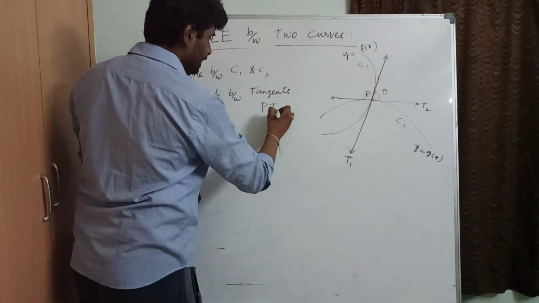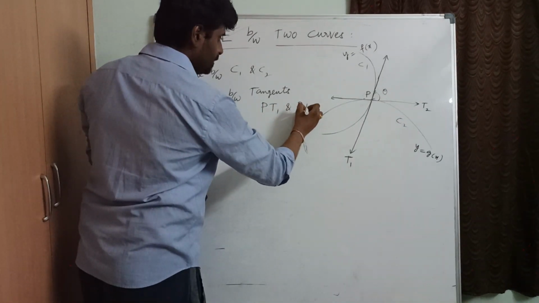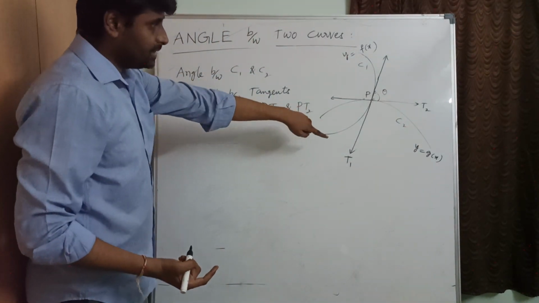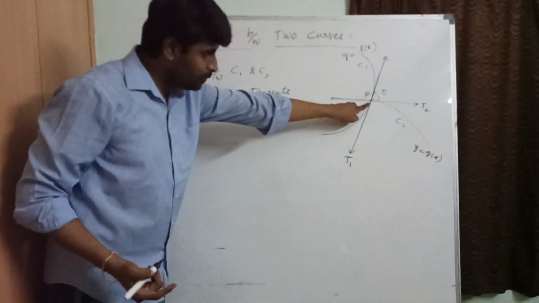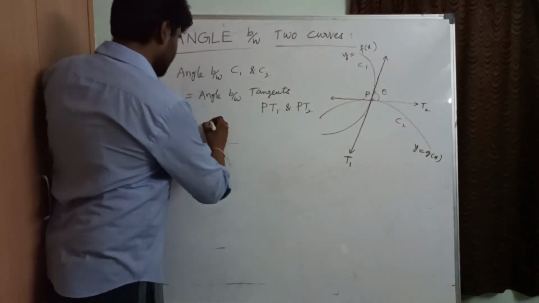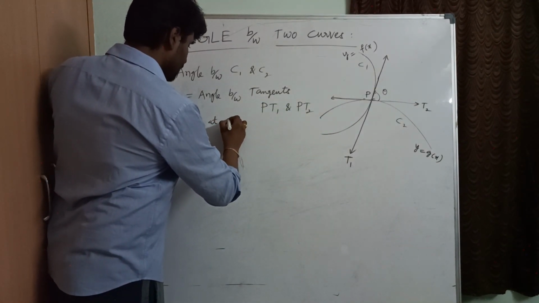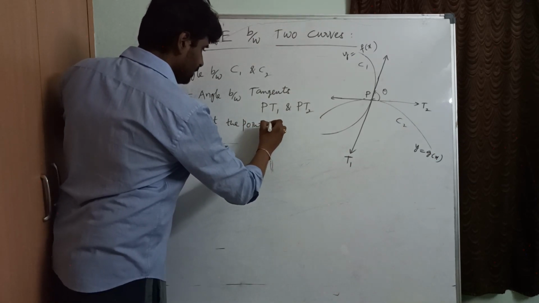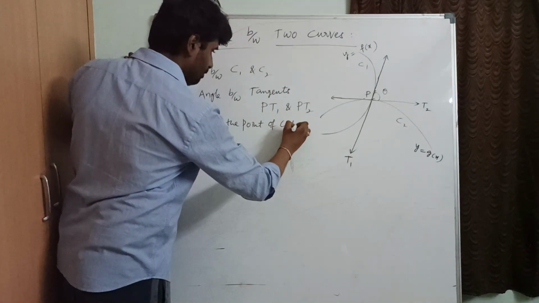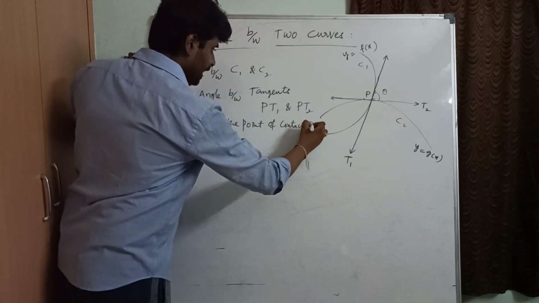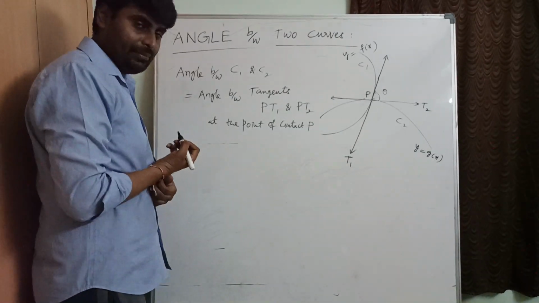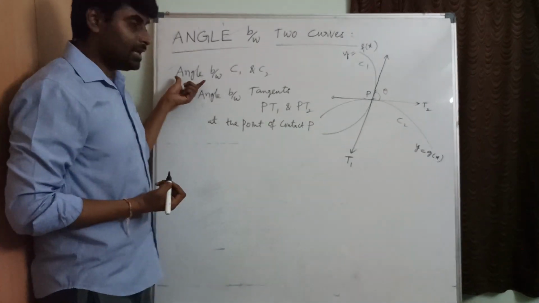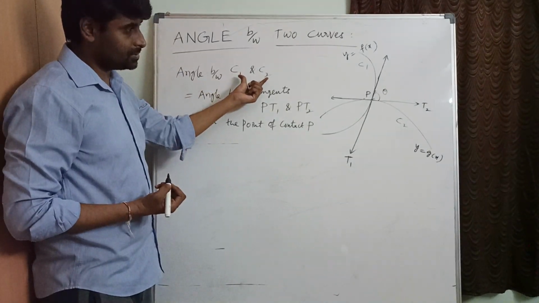PT1 and PT2. The angle between the two tangents of the given curves at the one point of contact, which is P. Generally, the angle between tangents or the angle between two normals both mean the same. So that is what the angle between two curves is.